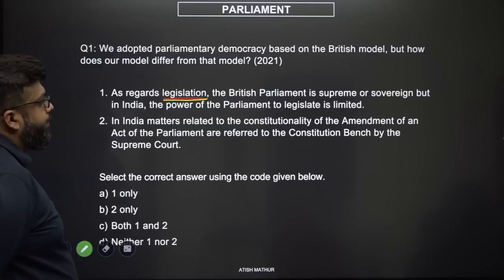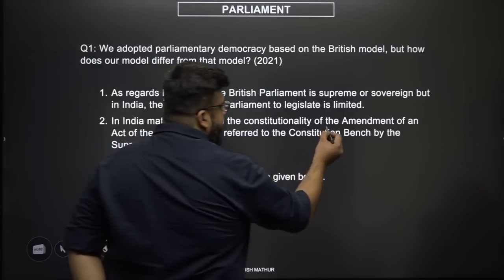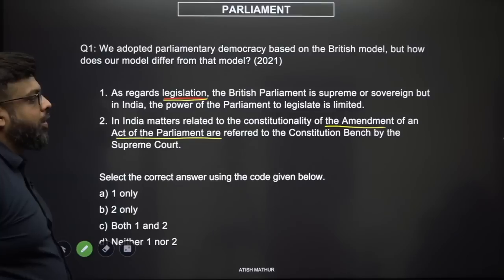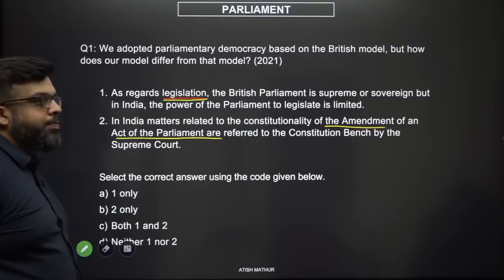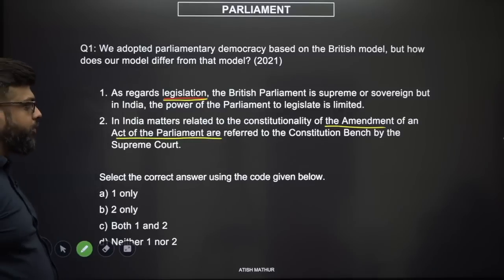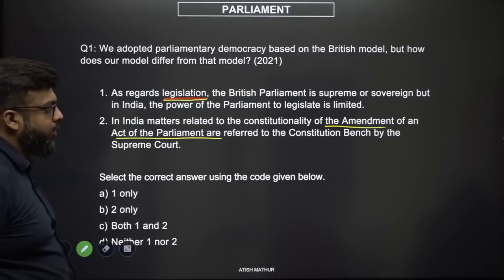In India, matters related to the constitutionality of the amendment of an act of the Parliament are referred to the Constitution bench by the Supreme Court. You've got your options before you. Is either of the two statements correct, or both of them are correct, or neither of them are correct? You can pause the video and try solving it.